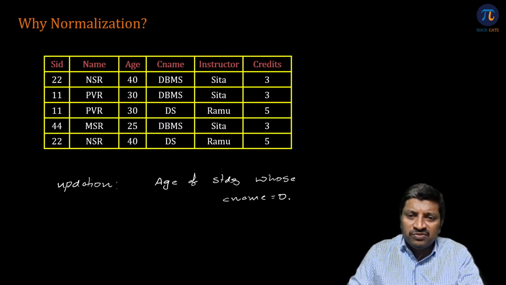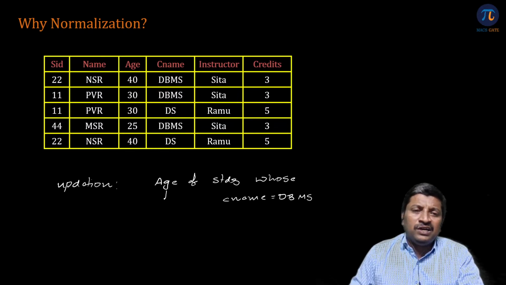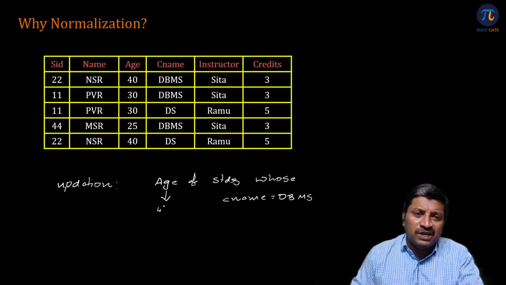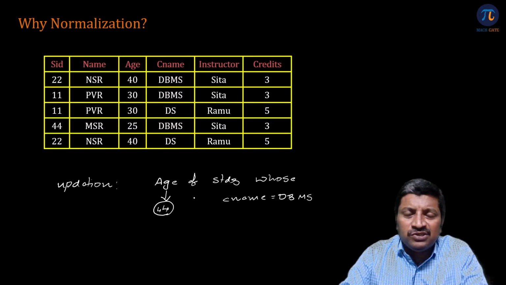Let us assume I want to update the age as 44. So I want to update the age of a student whose course name is DBMS.